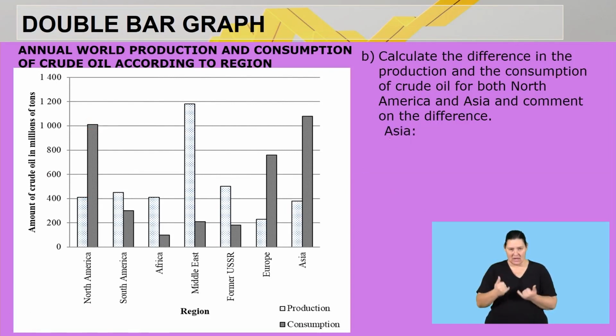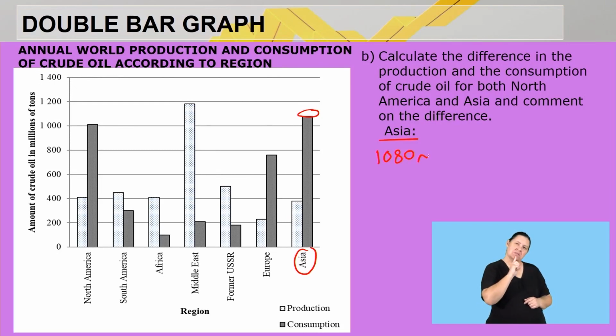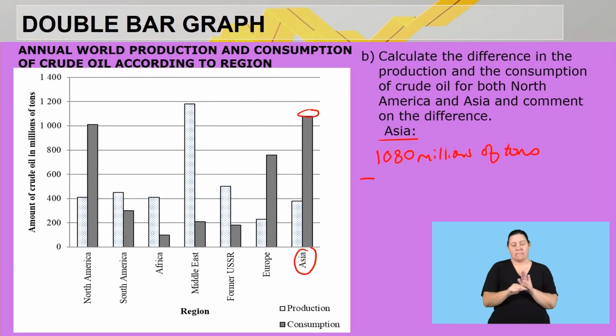Then now I'll be looking at Asia. Where is Asia? Here we have Asia. So we agree that will be, looking at this point here, more or less 1,000 and just below 1,100. So I'll say 1,080 millions of tons of crude oil, minus here, that will be roughly just below 400.